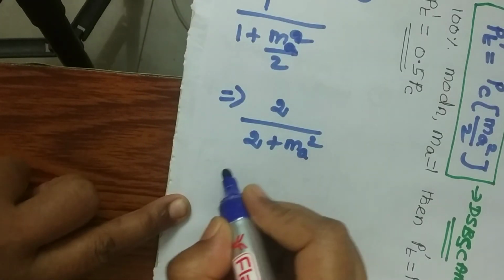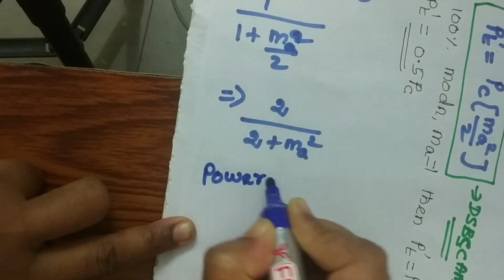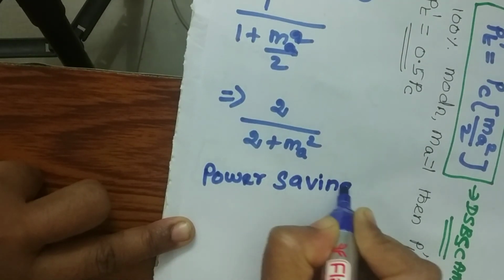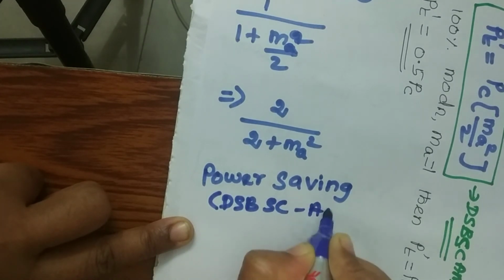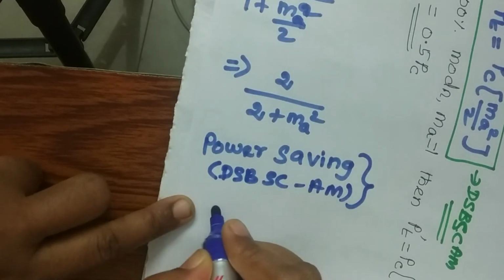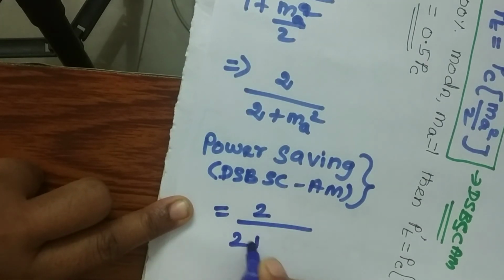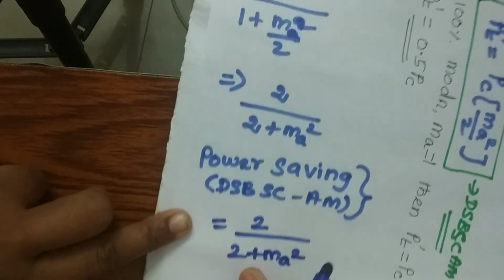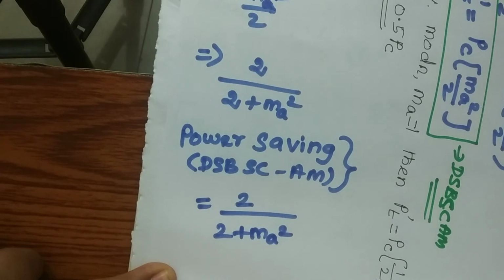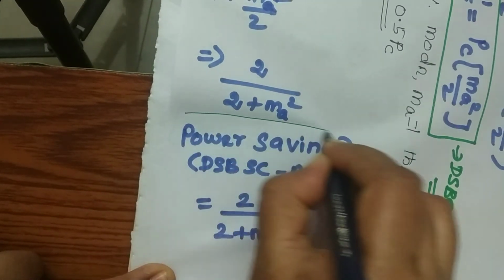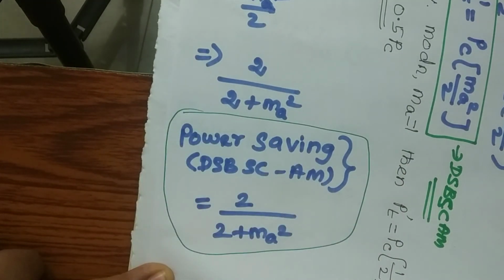So power saving in double sideband suppressed carrier amplitude modulation is 2 divided by 2 plus MA squared.